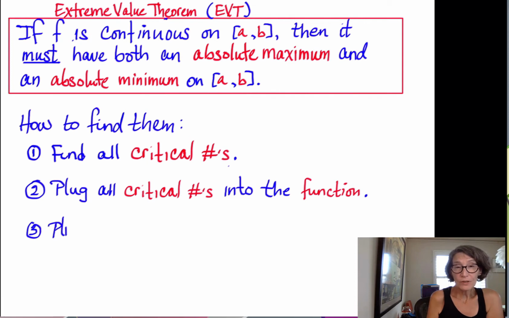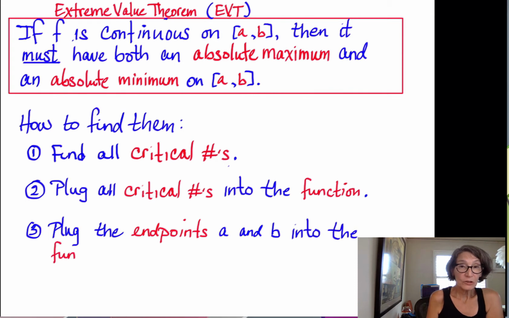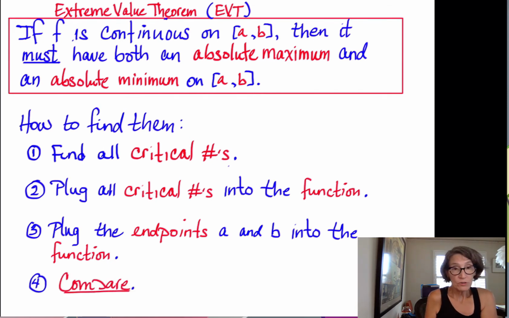And then we're also going to plug in the endpoints, a and b, and look at those y values. And then we're going to compare all the numbers that we got in step 2 and step 3. The largest of all those numbers is going to be the absolute maximum value, and the smallest of all those numbers is going to be the absolute minimum value.